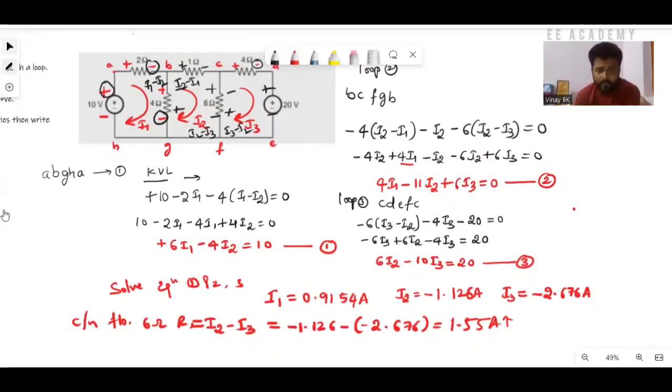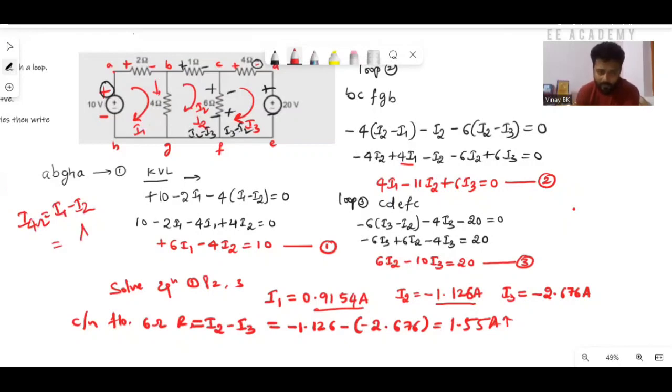Suppose they ask you to find the current flowing through the 4 ohm resistor, I1 minus I2 is flowing through it. We already know the value of I1 and the value of I2. Then you just take the difference between I1 and I2 to get the current flowing through the 4 ohm in amps. You just try this one.